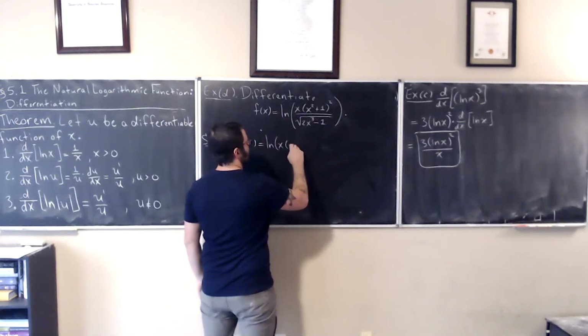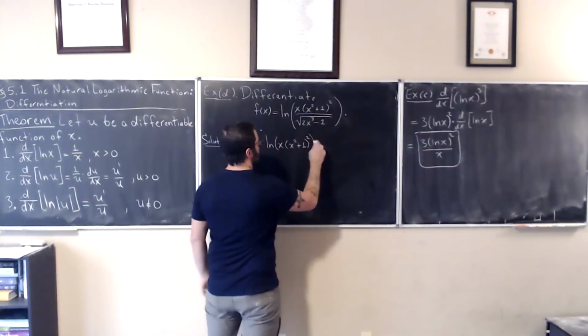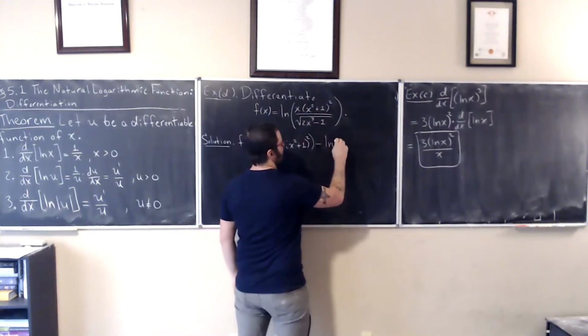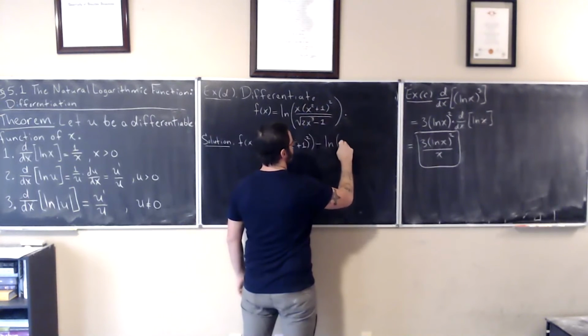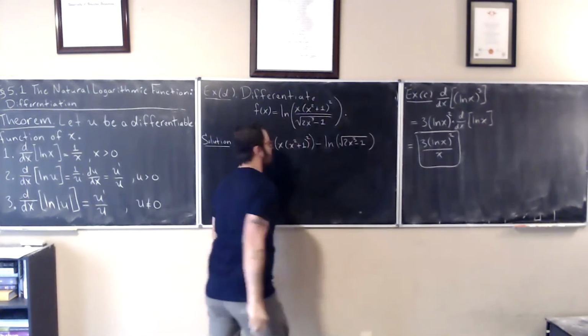So here's the natural log of the numerator minus natural log of the denominator. Okay.